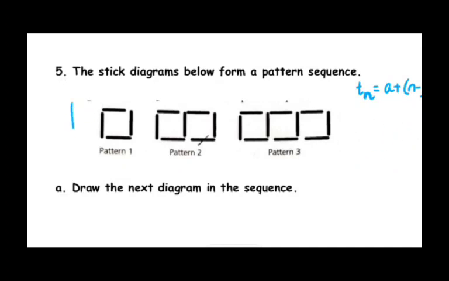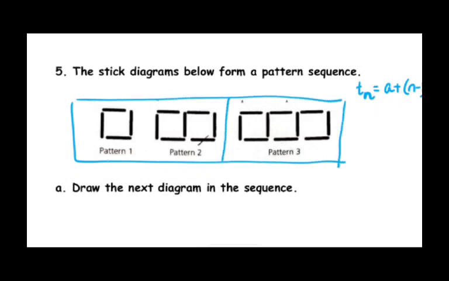If we take this as three patterns, the first pattern has 1 square, first position 1 square, second position 2 squares, third position 3 squares. So here n will depict the position. Now in the first position, the first square, how many sticks are there? 1 2 3 4 sticks.